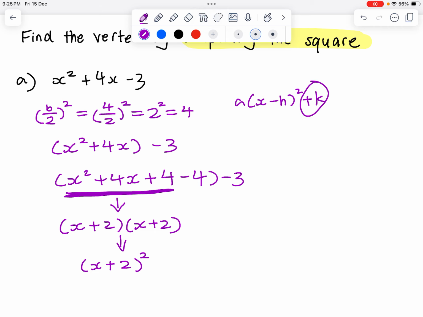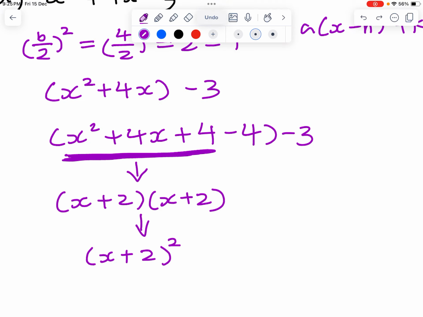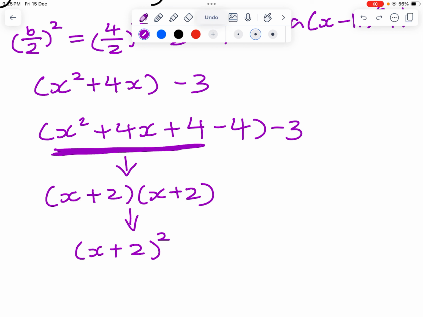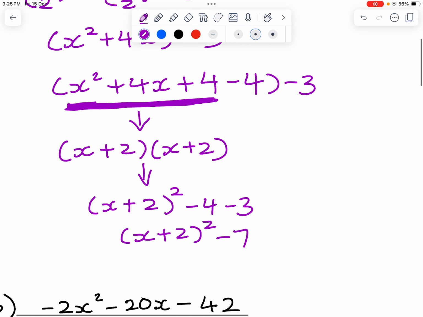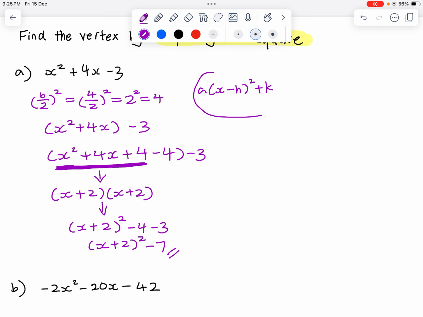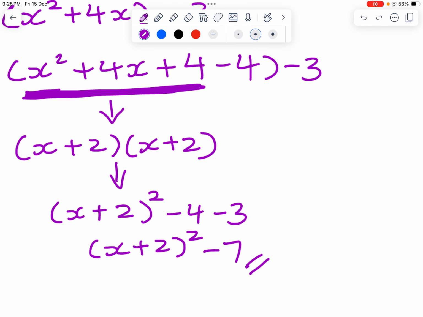Now we want to find the a and the k. We have negative 4 here, so we put that outside the brackets. We get negative 4 minus 3, so we get (x plus 2) squared minus 7. There you have it, we have our vertex form.